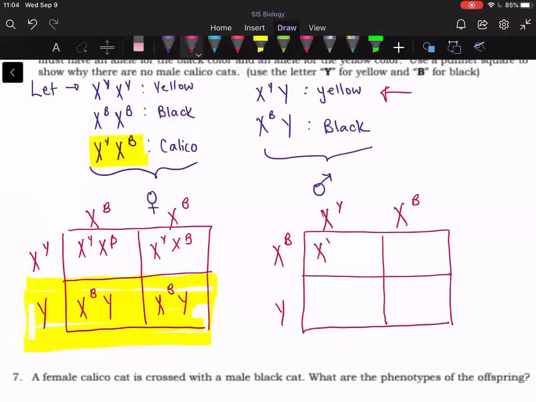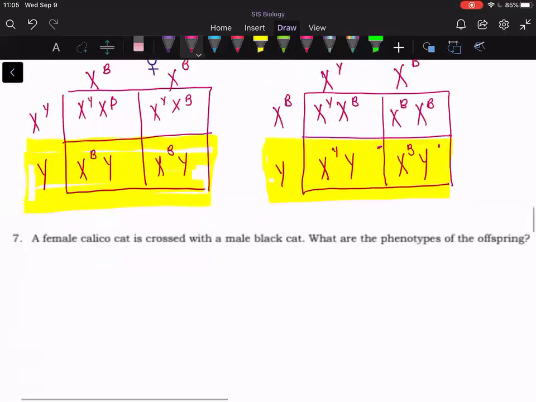If I fill this in, and now I'm going to look at my male genotypes to see the male phenotypes, I see that, guess what? I have a black male here, and then I have a yellow male there.